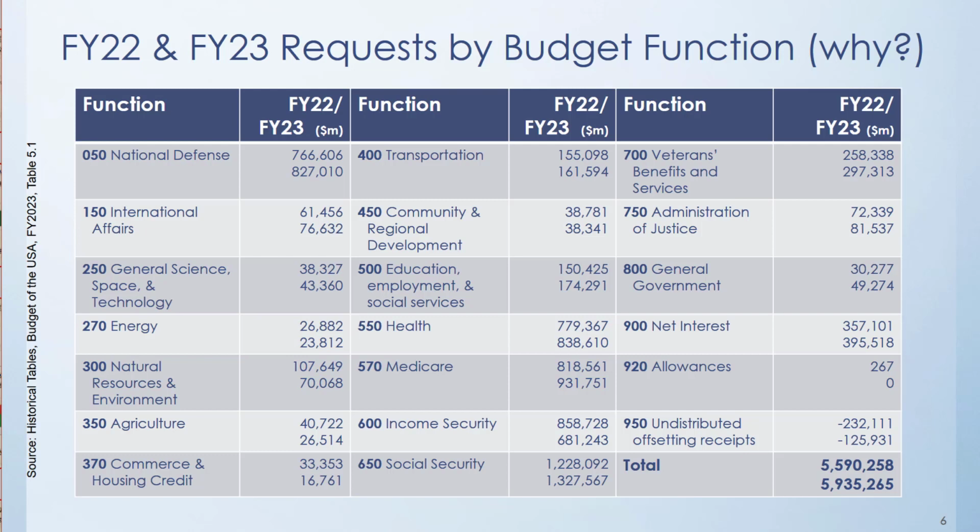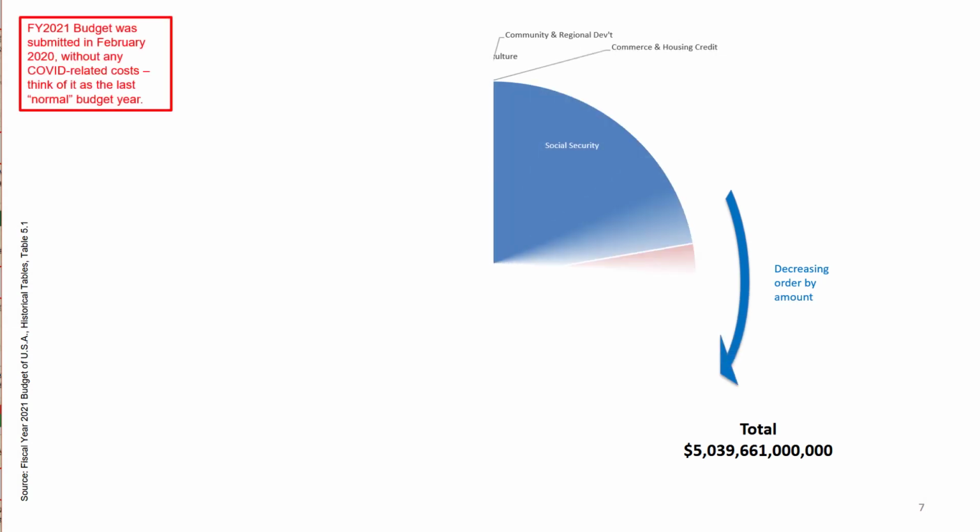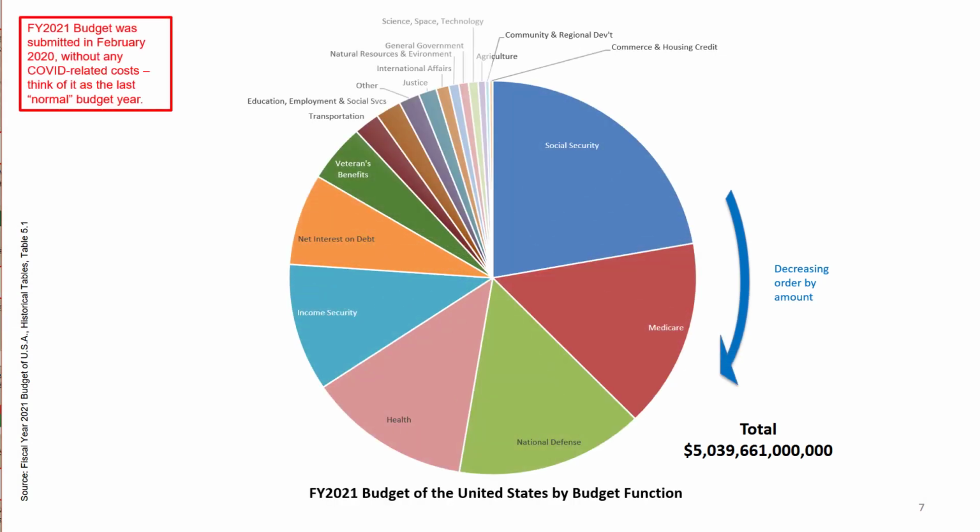Now we could take these functions of government and display them in a pie chart. So let's start with fiscal year 2021, which was submitted to Congress just before COVID became a thing. And so you could consider it our last normal budget. And here is the budget in descending order by size of budget function. And the total budget was just over $5 trillion.